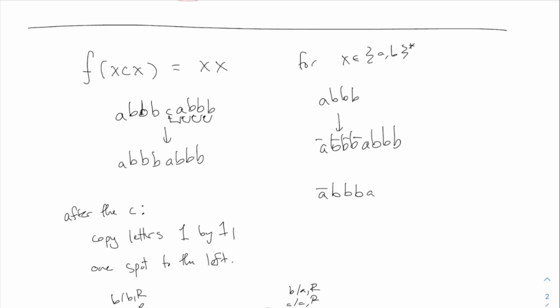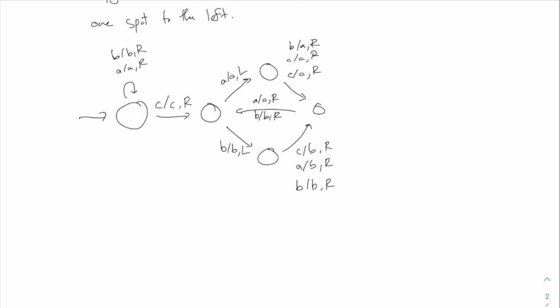So just to handle that, if you are in this state and you see a blank, I believe this will work. This is what it says on my paper. BBL here. That is to say, if you see a blank right there after the first C, it means that there was no X at all. What you should do in that case is just wipe out the C and leave everything as blanks.